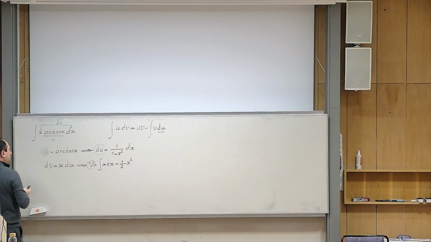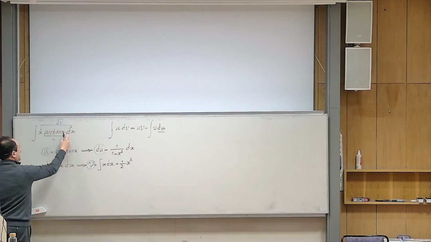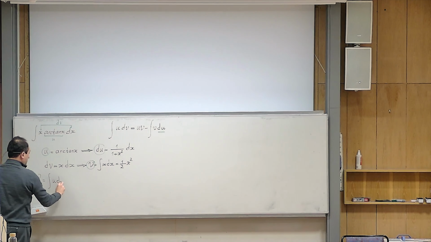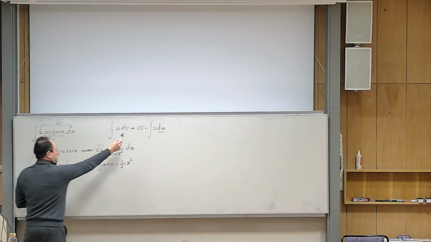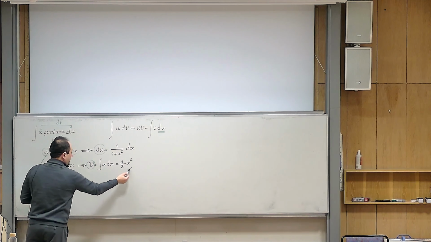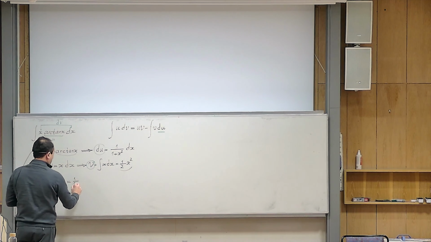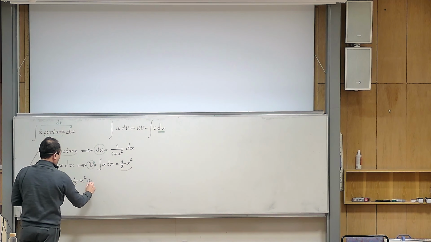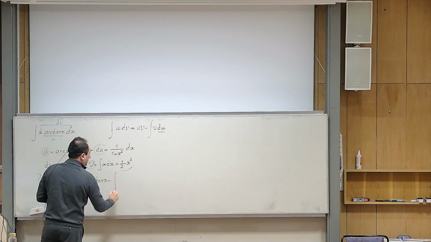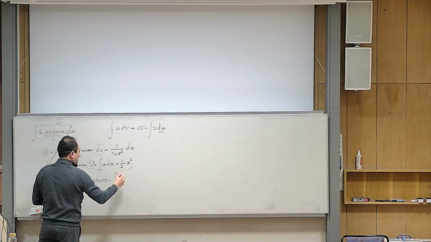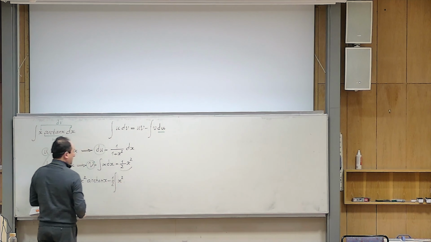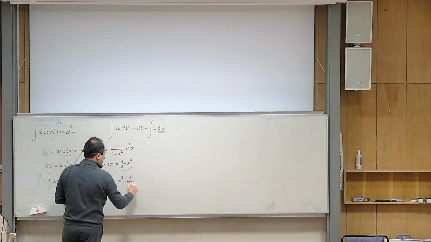This is u, and this is dv, so the question mark is nothing except the integral of u dv. The right-hand side is u times v. This is my u, this is my v. I multiply them, so it becomes 1/2 x squared arctangent of x, minus the integral of v du. There is a factor of 1/2 that I can pull out, multiplied by du, and du is this.